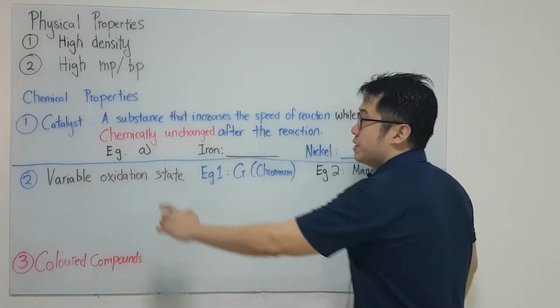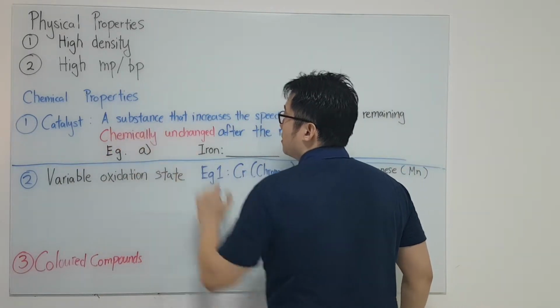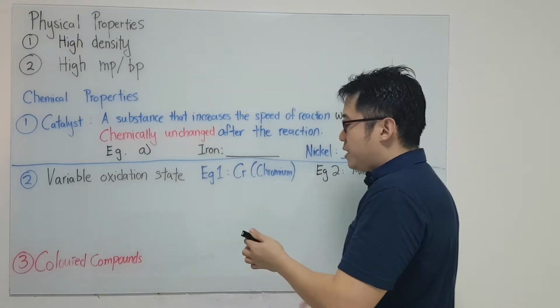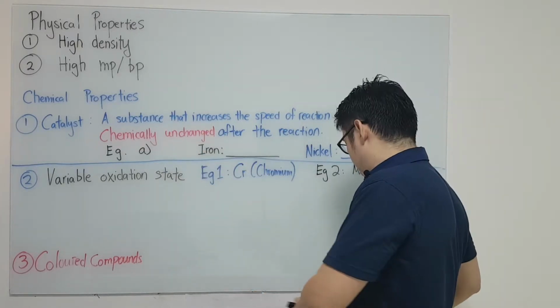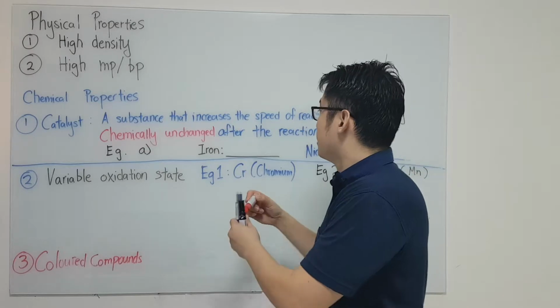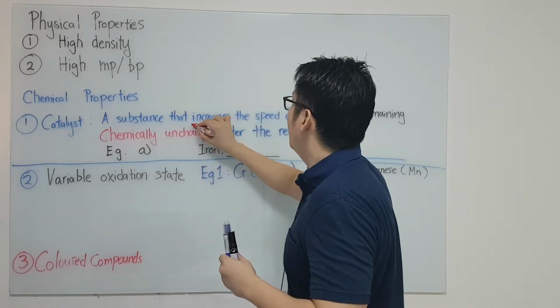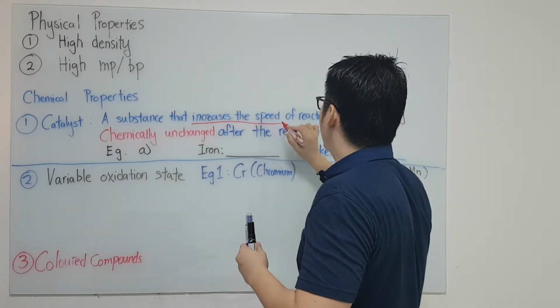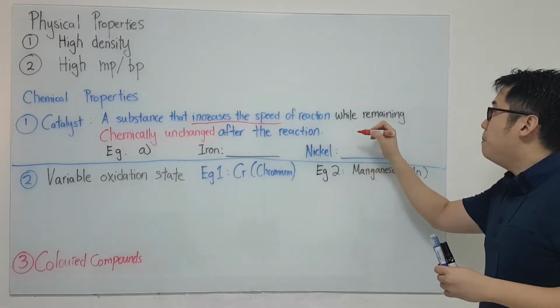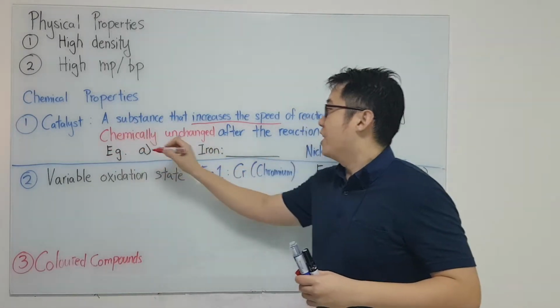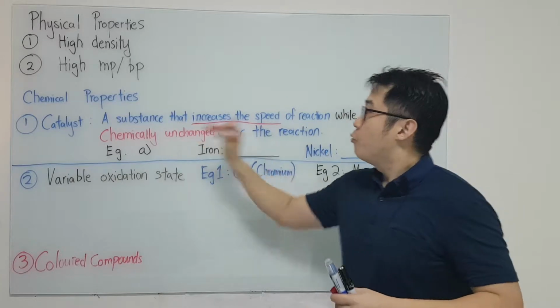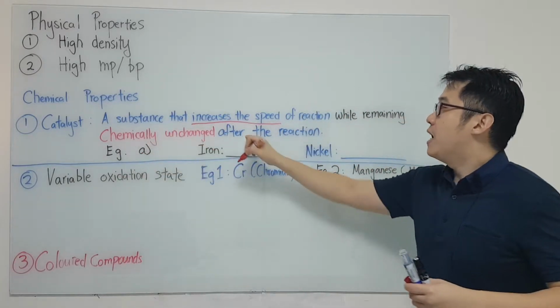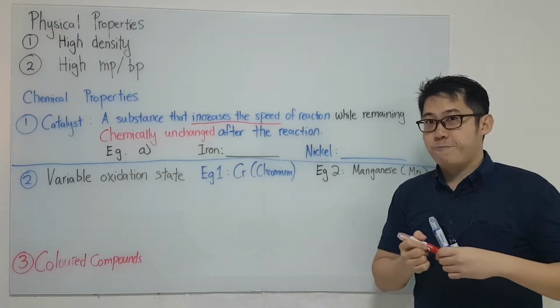Now, a catalyst is a substance that increases the speed of your reaction while remaining chemically unchanged. Very important, while remaining chemically unchanged after the reaction.